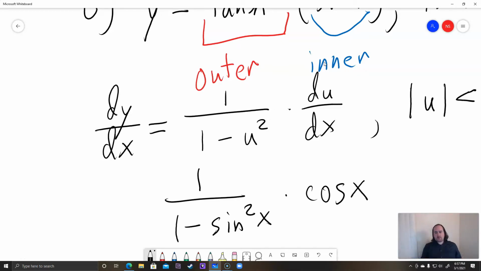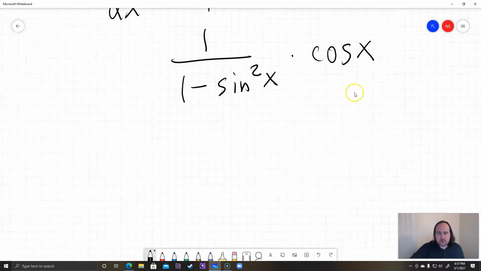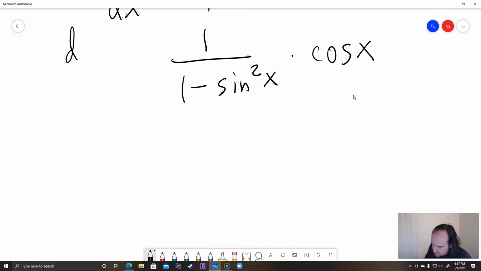Now you might think that was the whole problem, and it could have been the whole problem, but you have to use a little bit of a trig identity here to simplify this answer. Even though we calculated the derivative, we need to do a little bit of pre-calculus to simplify this.